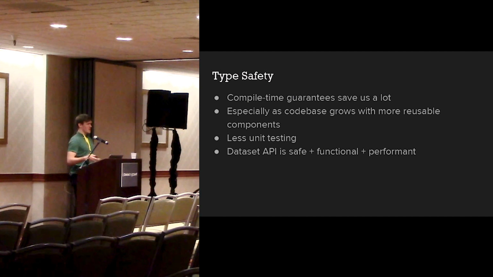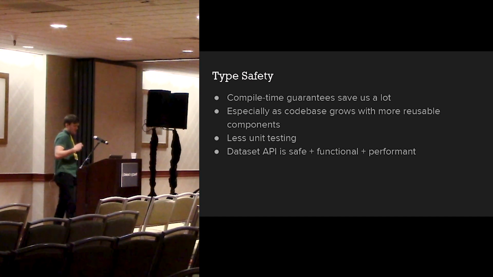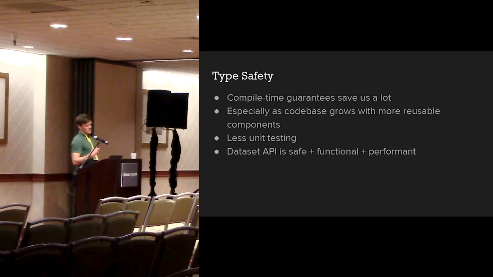Having those compile time errors bubble up rather than runtime errors makes things a lot easier. It also means we don't have to spend as much time unit testing. We're still big believers in unit tests, and we write plenty of them, but we don't need to unit test every possible little code path, because the compiler will handle a lot of that.